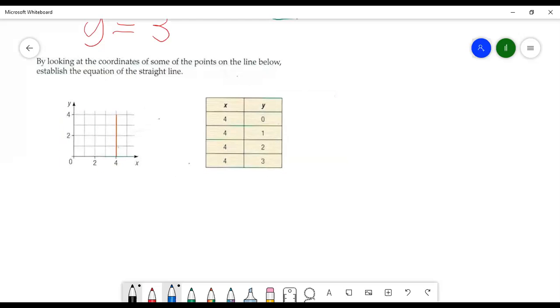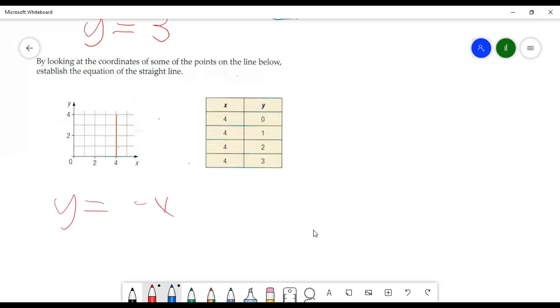So what is going to be the rule in this case? X is constant, right? All the time we use y equals something times x, right? But this time, for example, y equals, wait.